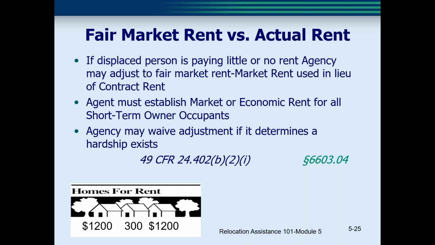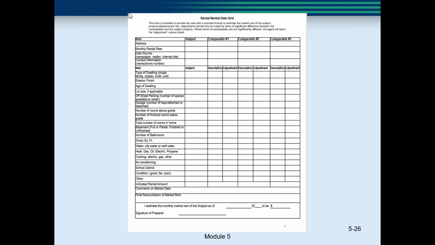It's a really good tool if you are determining an economic rent or a market rent. So we are sharing it when we do these classes. You have this as a handout, so if down the road you need to do a market rent or an economic rent, you can use this form as a tool.